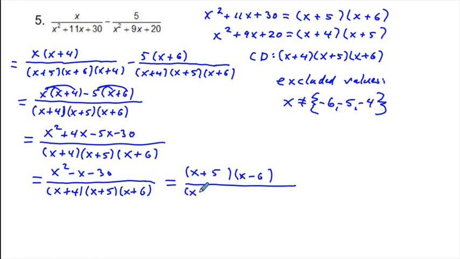So that's going to be all over x plus 4, x plus 5, quantity x plus 6. And what's going to cancel out here? X plus 5 over x plus 5. So what we have left is going to be our final answer on the right. It's going to be x minus 6 over quantity x plus 4 times quantity x plus 6. And that's going to be it.